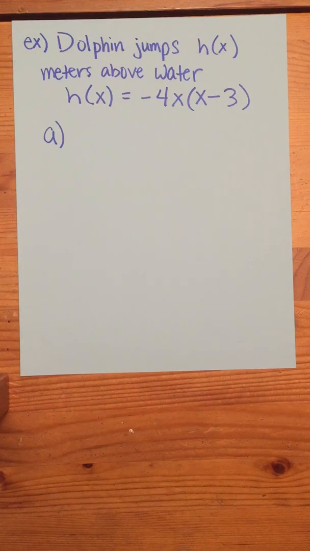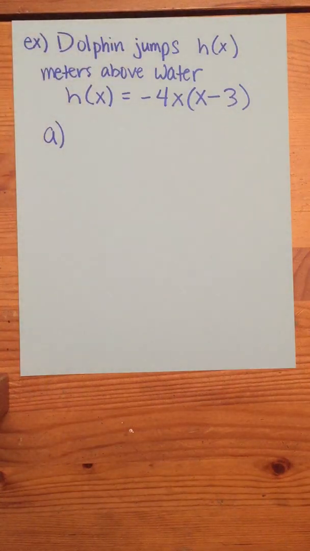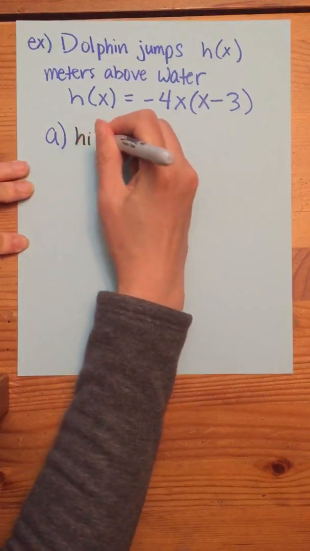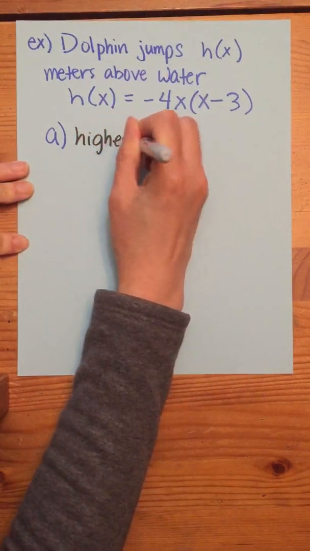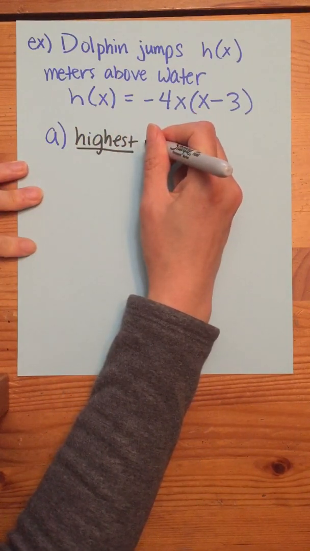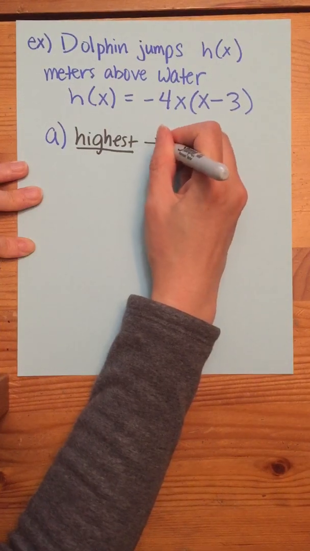We're going to take a look at a couple questions here. The first question is, what is the highest that the dolphin gets over water? The key word is highest. As soon as you hear something like that, you want to know what they're asking.